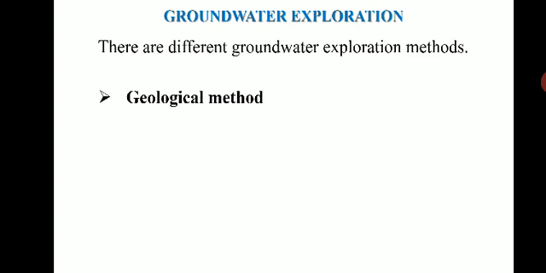The first one is the geological method. The geological method involves interpretation of geological data, and it also includes field studies, wherein you go to the field, do the survey and perform the tests, then the analysis and hydrological interpretation of existing topographic aerial photographs, geological maps, different logs and other important records.